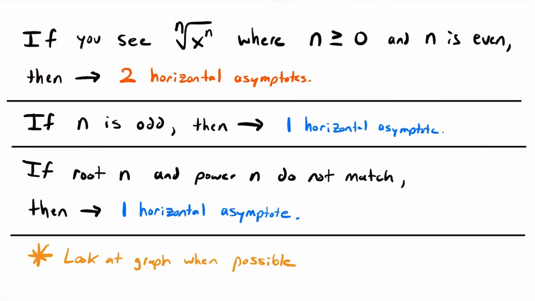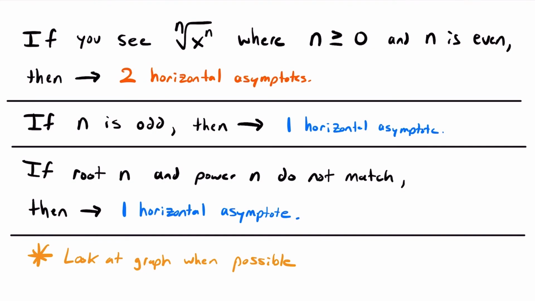And so in general, here is what you need to know about limits at infinity for a rational function that includes a radical in the numerator or the denominator. If you see the nth root of x to the nth power, where n is greater than or equal to 0 and n is even, meaning numbers like 2, 4, and 6, then you can expect to see two horizontal asymptotes for that function.